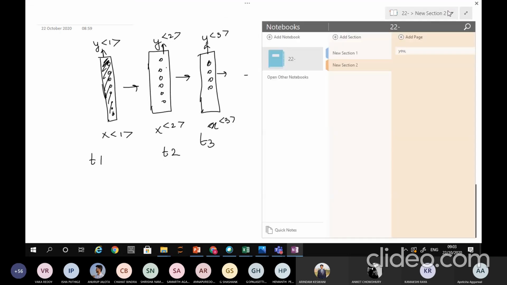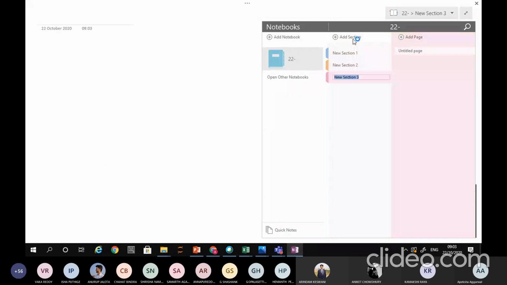Let's see how this actually works. The basic architecture is like this. We have this input x1, and we have weights. First of all, we require an activation function.